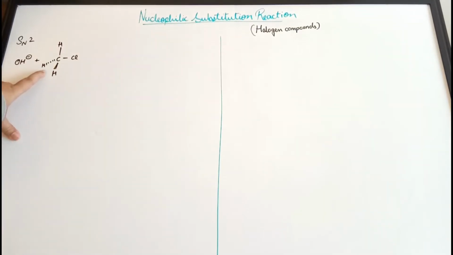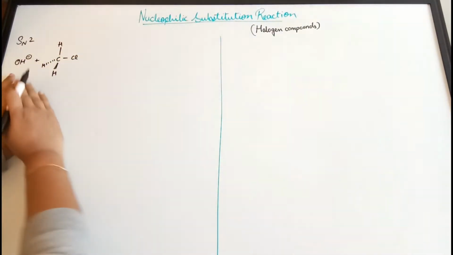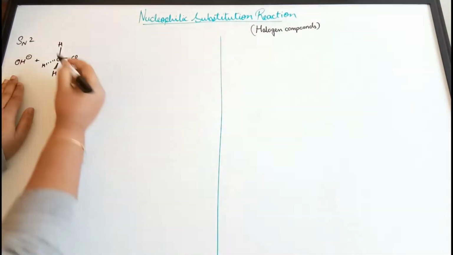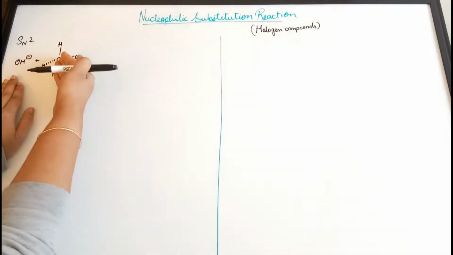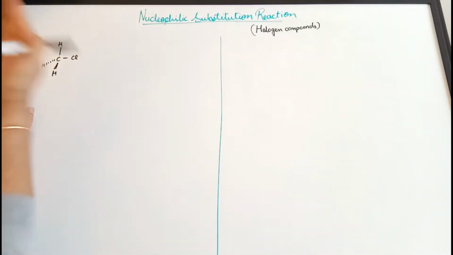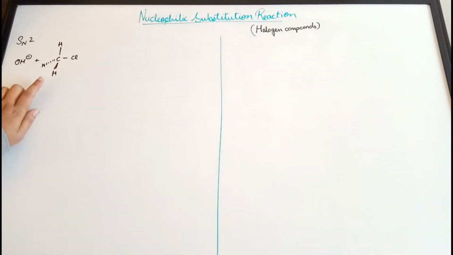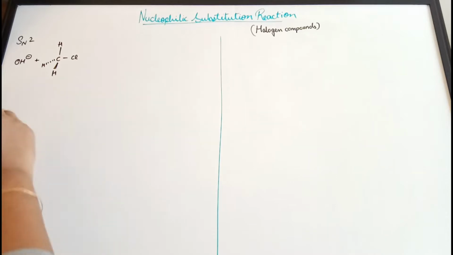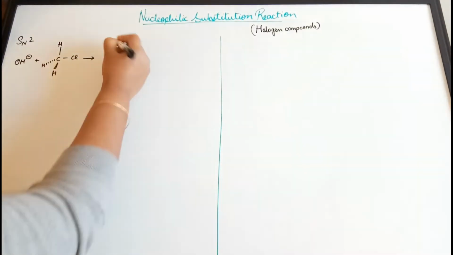The dotted line shows that the hydrogen is behind the plane, and this hydrogen is towards us because it's having a thick line, and these two are on the plane of the paper. So this is behind it, this is coming towards us, this is going away from us. So this is an alkyl halide.